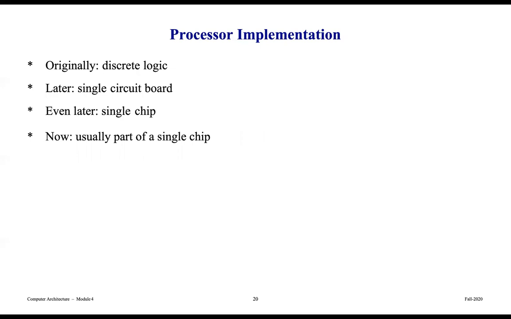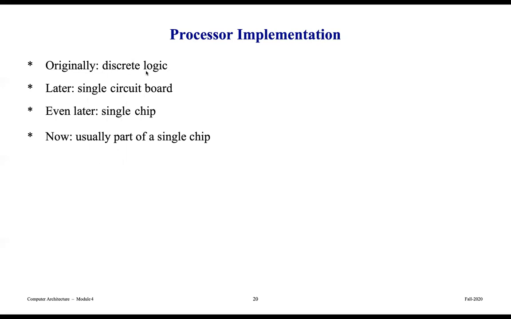So how were processors implemented? Originally, they were done in discrete logic. As they developed, they were put onto single circuit boards, eventually going into a single chip. And now, usually they're part of a single chip, where you can have a system on a chip and other things like that.